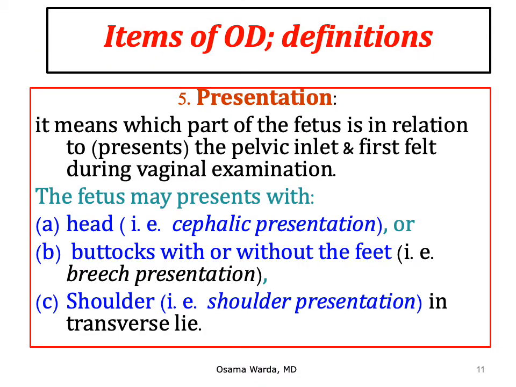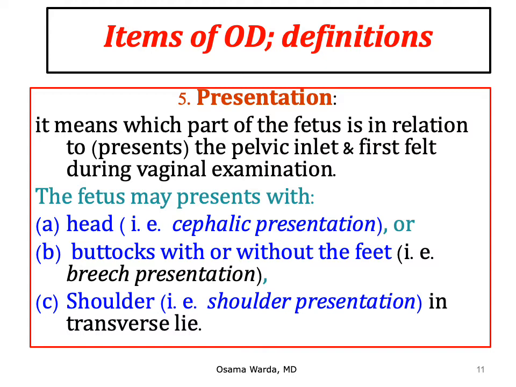What about the fetal presentation? Fetal presentation means which part of the fetus is in relation to the pelvic inlet and first felt by vaginal examination. We have three possibilities. The first possibility, the fetus presents with its head, and this is called the cephalic presentation.